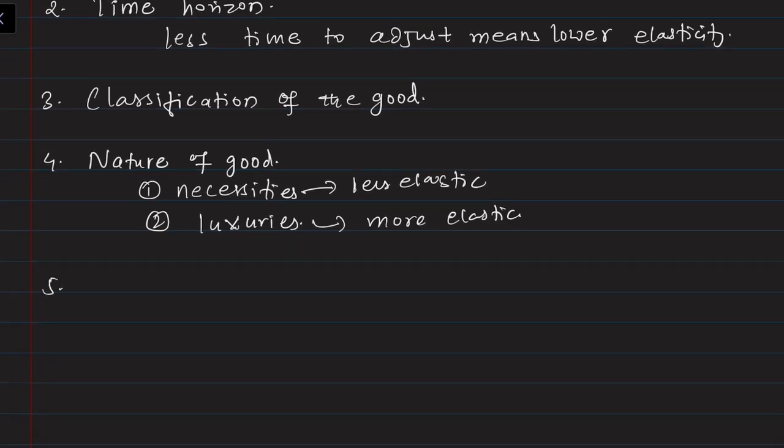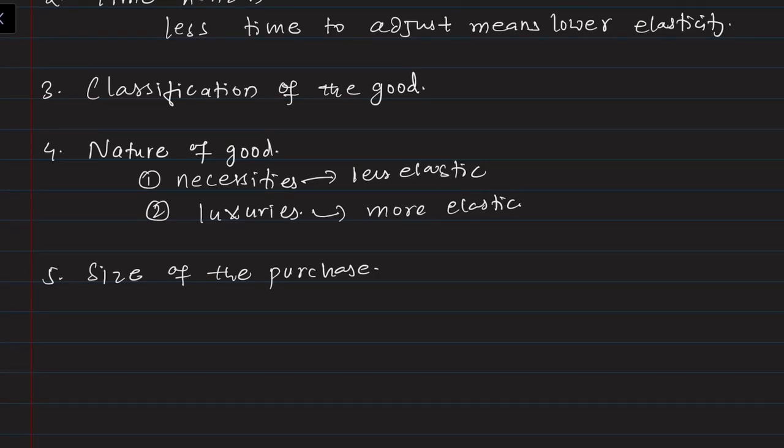now the fifth factor is size of the purchase. In the previous determinant I gave the example of cooking salt. So my question is, how much do you spend on cooking salt of your salary? Very little, right?